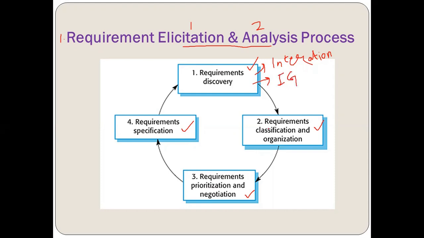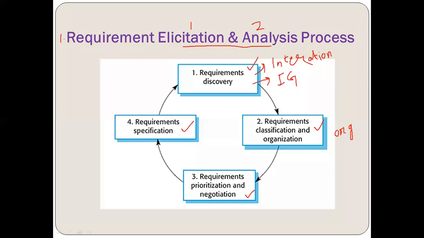Next one is the second step, requirement classification and organization. In requirement classification, we need to organize the overall structure of the system. How do we organize? We put all the related requirements together and decompose the system into subcomponents of related requirements.